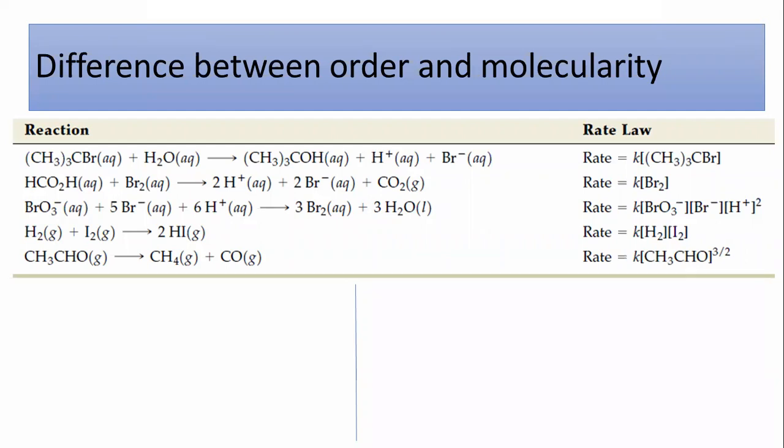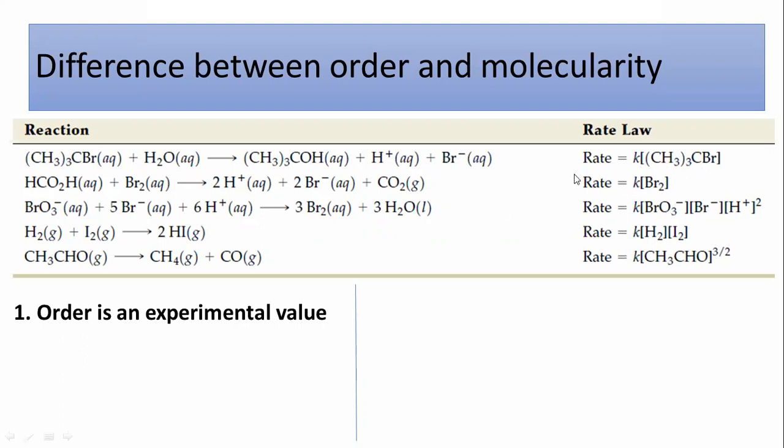Now moving to this lecture, the difference between the order and the molecularity. The first difference is: order is an experimental value. You must write this rate law based on experimental values, because you cannot write the rate law just by looking at the equation.